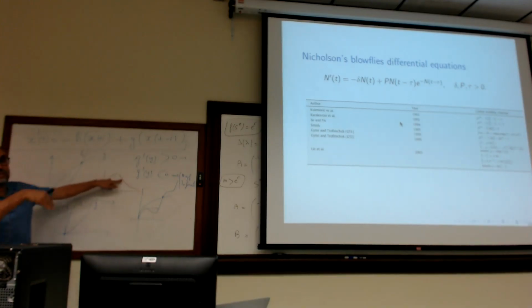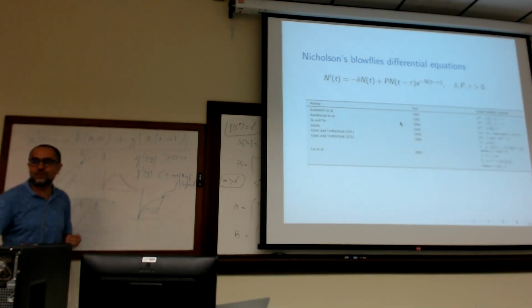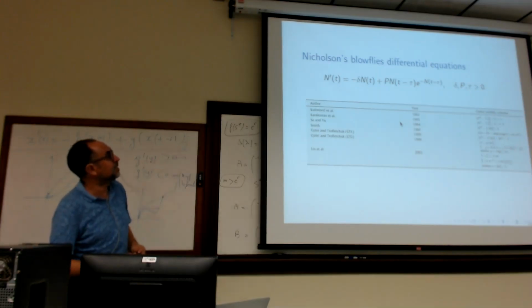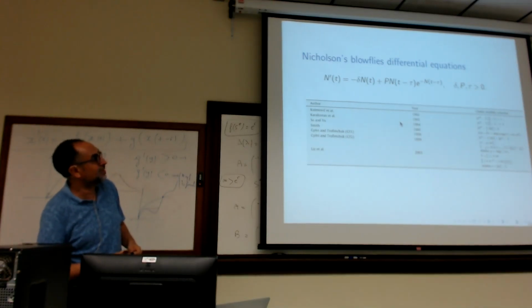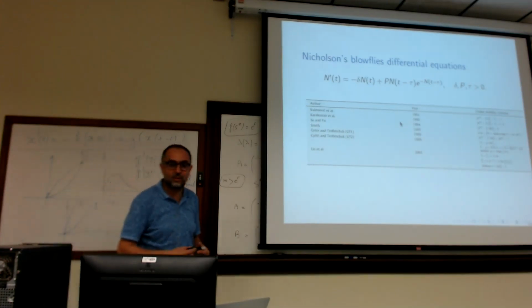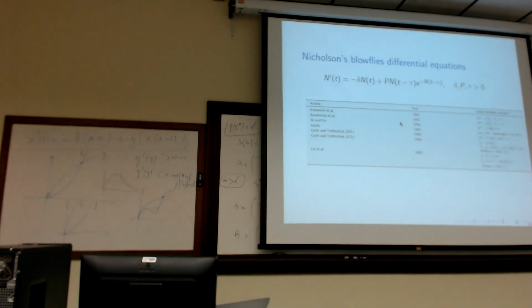This is why there is competition each time to push this limit more and more. And until now, for this simple Nicholson-Blowfly equation, finding the exact condition of global stability is still open. This is because of no monotonicity when we go to the other part. We don't know exactly.